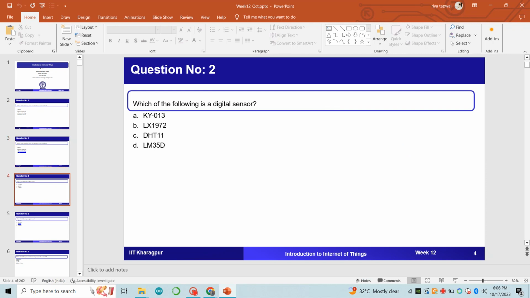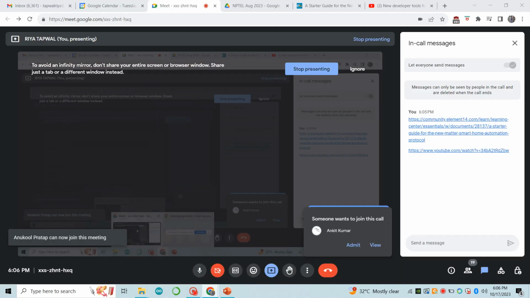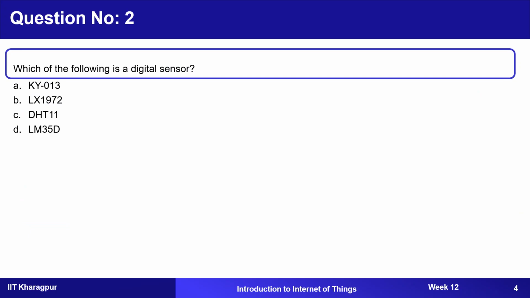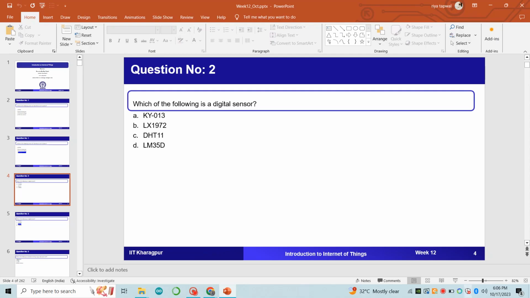Next question is, which of the following is a digital sensor? Options are KY013, LX1972, DHT11, LM35D. DHT11. Okay, anyone else?